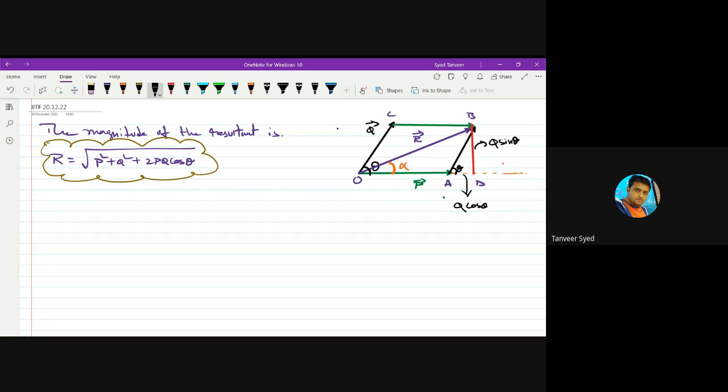Now see, what do we want now? We want the direction of the resultant. How can we write the direction of the resultant?